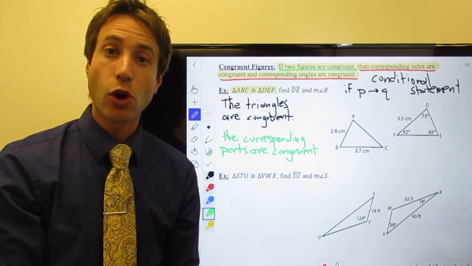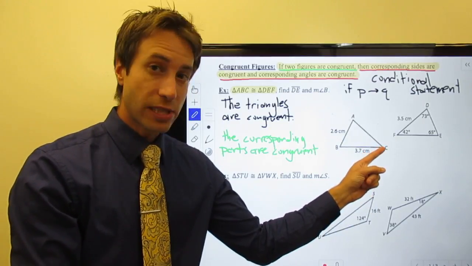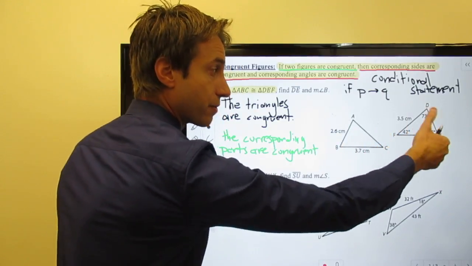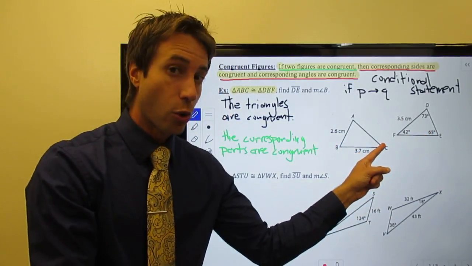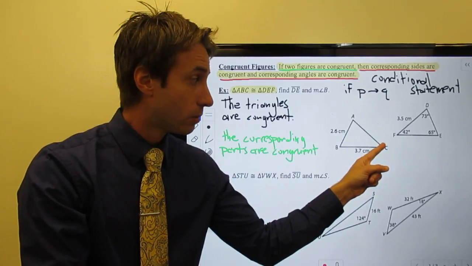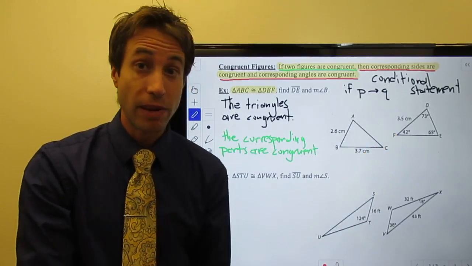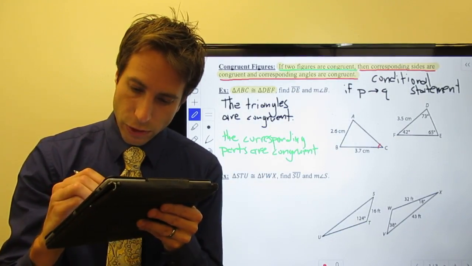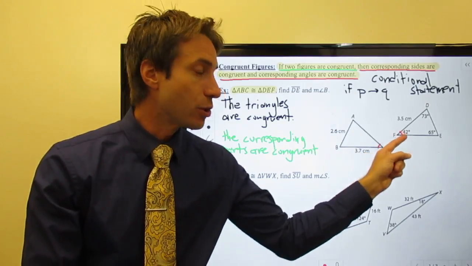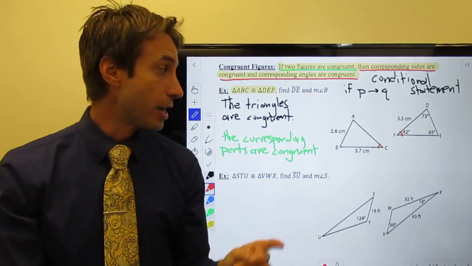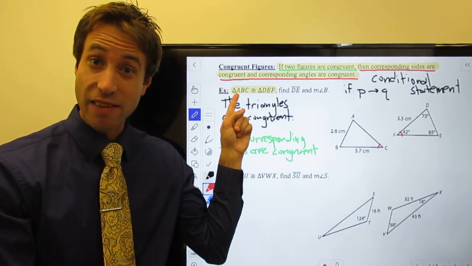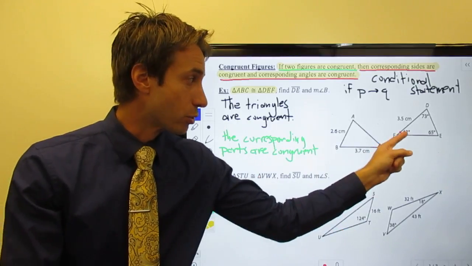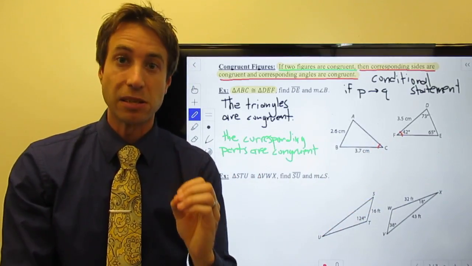So if I took this and flipped it over, angle C corresponds with which angle? I agree, angle F. How do we show that? Just put one little arc. There we go. I now know those two angles must be congruent. How do I know? The triangles are congruent. That's the if P. The conclusion: corresponding parts must be congruent.